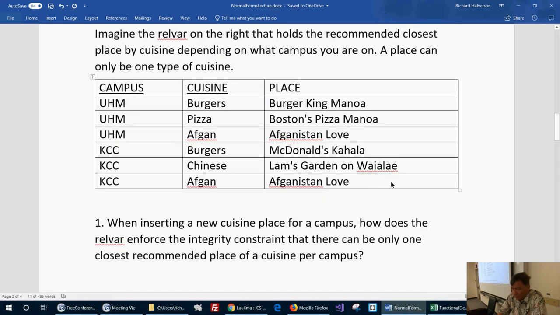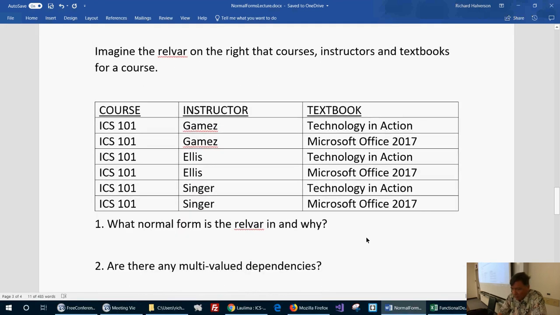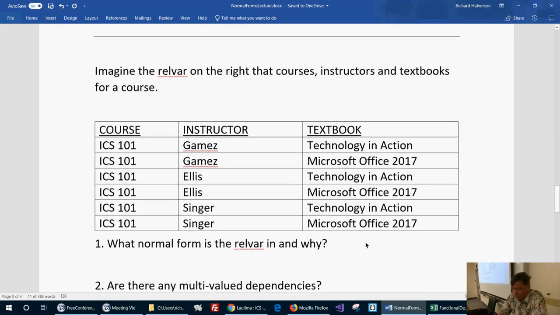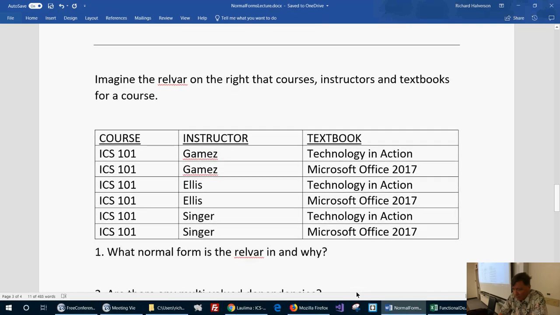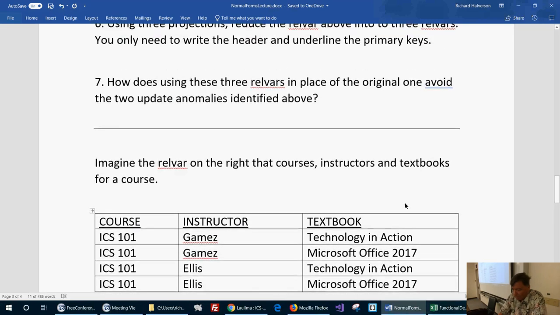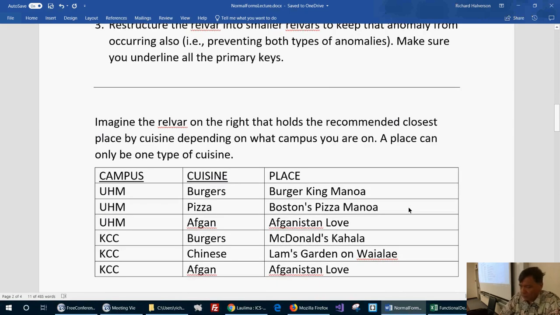Okay, so here's another example. It's a similar kind of example. This last example is a good example, which describes multi-value dependencies. But let's go over this one first. I've shown you this example before, and I don't think I have any quizzes based on this yet in this class.